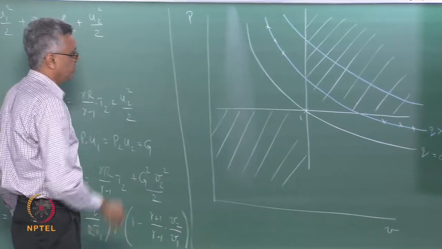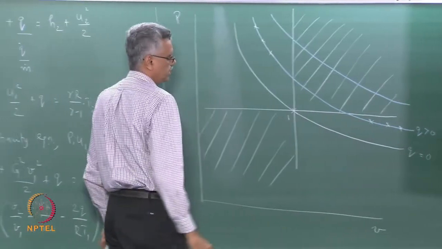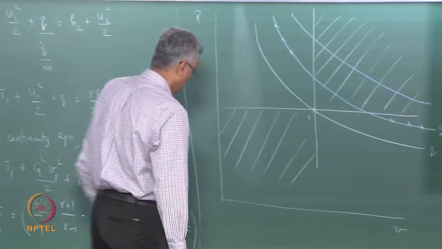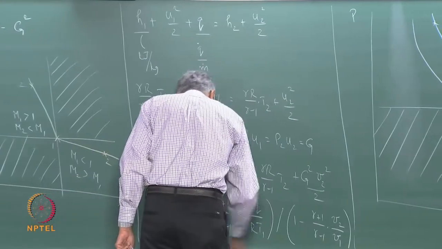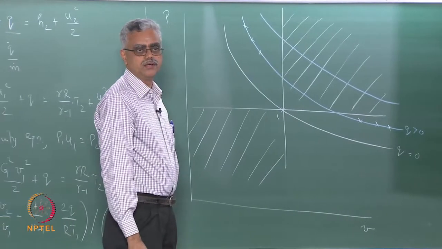Okay. Now, we were talking about the entropy for the states in this quadrant. We wanted to ensure that entropy increases. Now, if you again recall from our earlier lecture, the H curves are steeper than the isentropes, right.